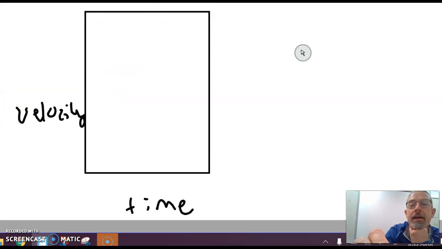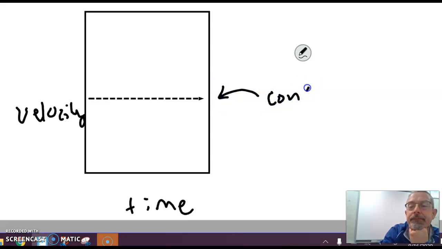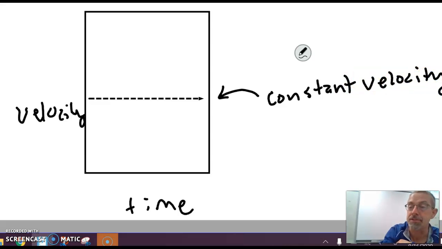So if I've got a line that looks like this, that is going to indicate a constant velocity. There's no acceleration. Okay, I'm still going places. Let's say this is 10 meters per second. I'm still going places, but I'm not speeding up or slowing down.